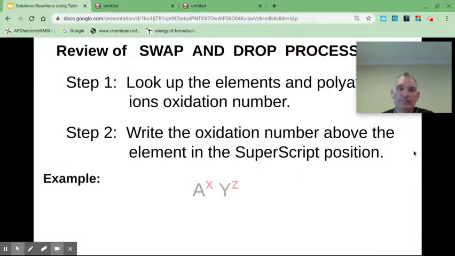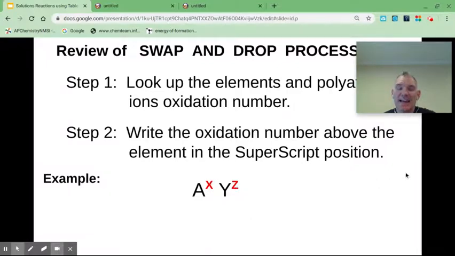Here we go. If I take a look at this information, A to the X and Y to the Z. In this example, we're saying that A and Y are elements or polyatomic ions. The X and Z are the oxidation numbers. Notice that the oxidation number is present on top. That's why we call it superscript position.